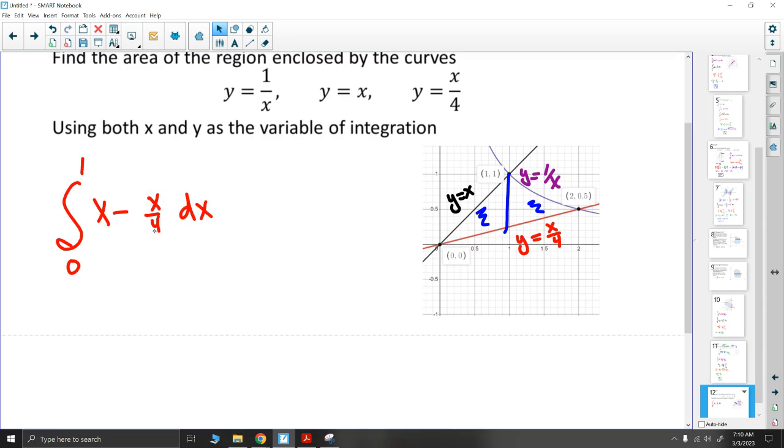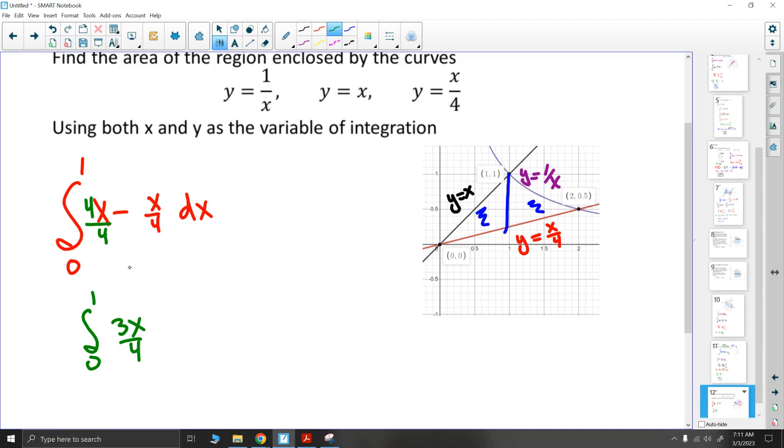Again, we're doing it in terms of x's, so we need our function in terms of x's. This is going to be x squared over 2 minus, well, I'm not going to integrate this yet. Let's just simplify this. That would be a 4x over 4. Then this is the integral from 0 to 1 of 3x over 4.